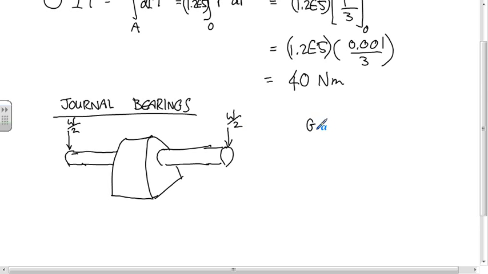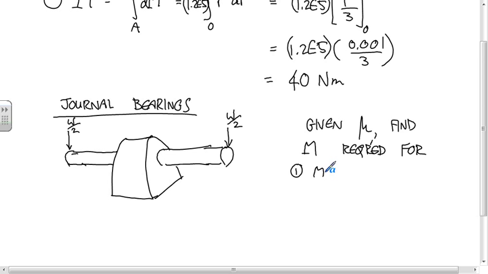Given the coefficient of friction, we want to, again, find the moment that has to be applied, the torque that has to be applied to the axle, that's required for either maintaining a constant angular velocity or to initiate motion.